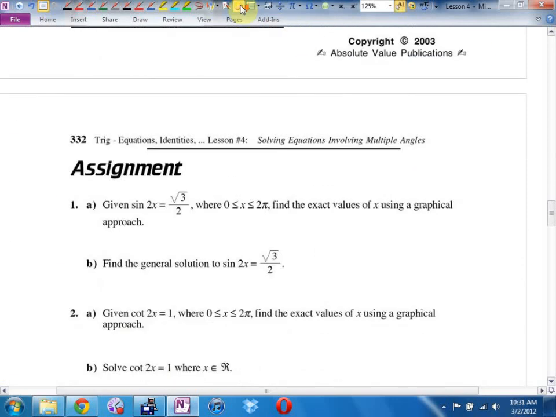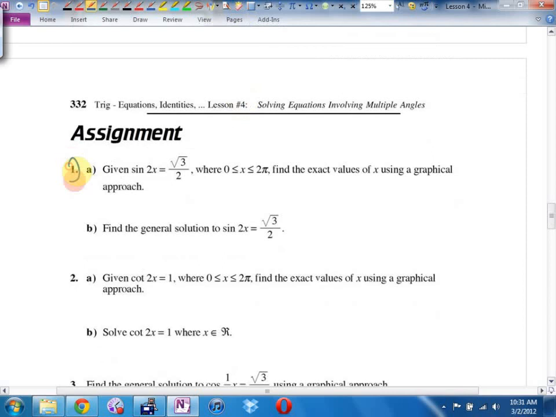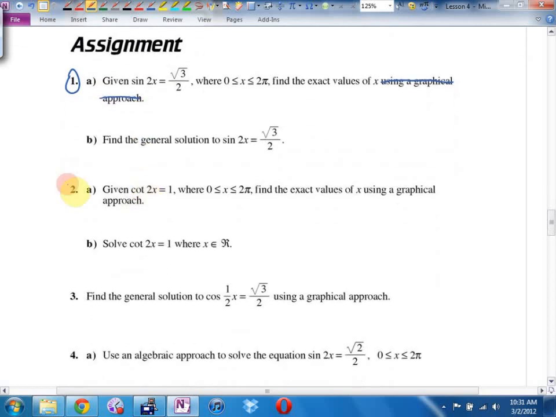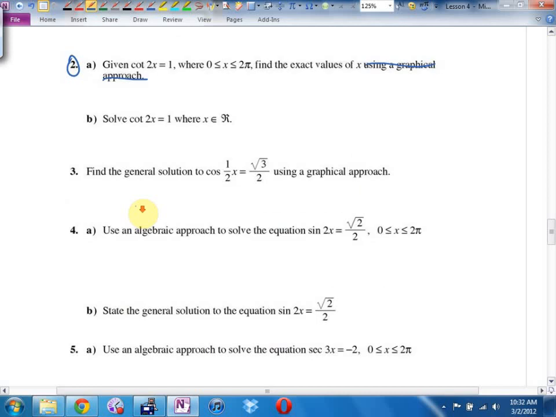What's your homework? Number 1, accept cross out using a graphical approach. Number 2, accept cross out using a graphical approach. You can check your answer. Number 3, you know what I want you to cross out in number 3 though, Brianna? Apparently not.